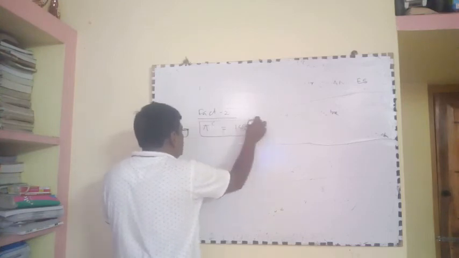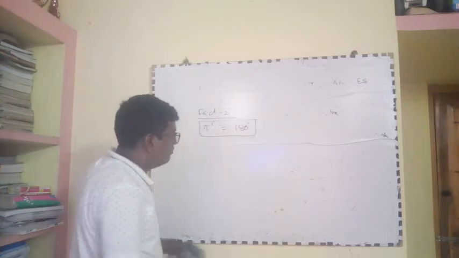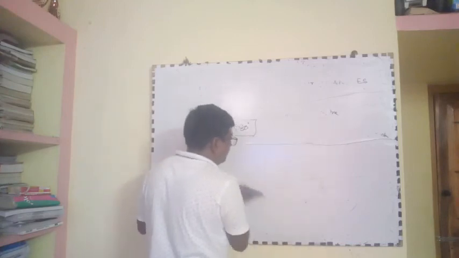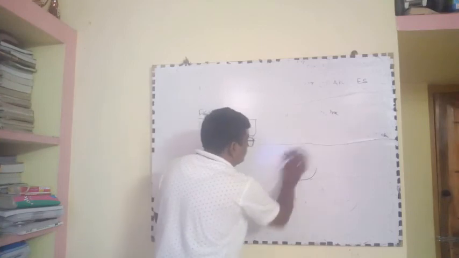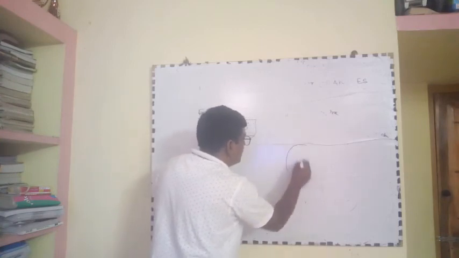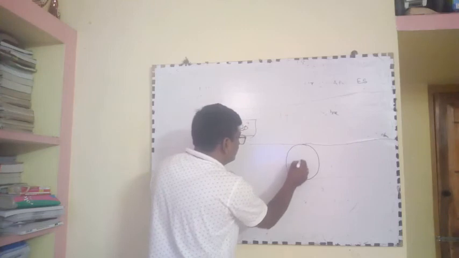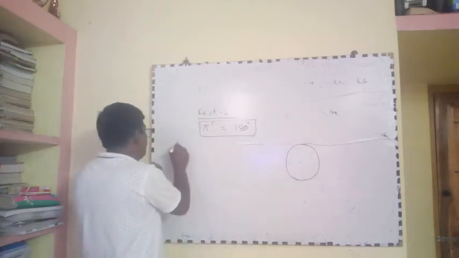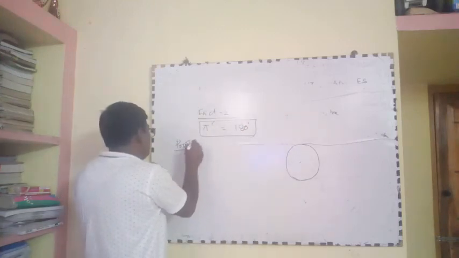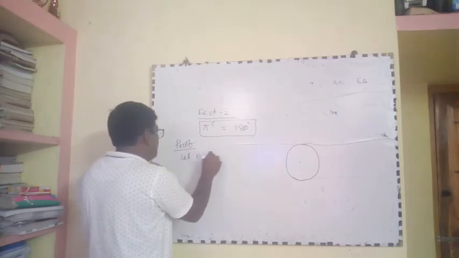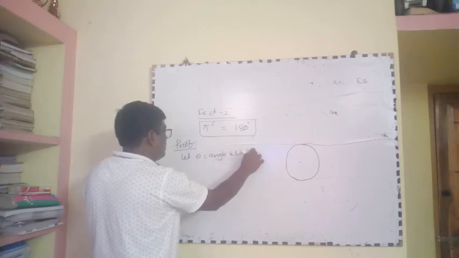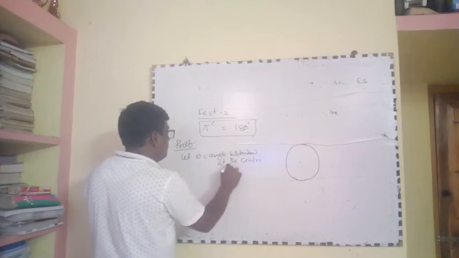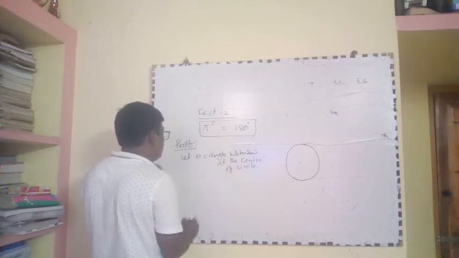We have to prove this: pi radian equal 180 degree. Suppose this is a circle and this is the center. Proof. Let theta equal the angle subtended at the center of the circle.